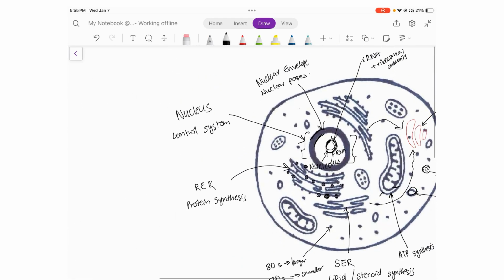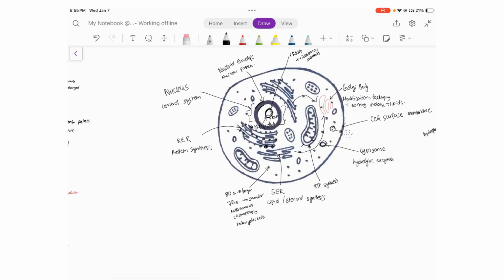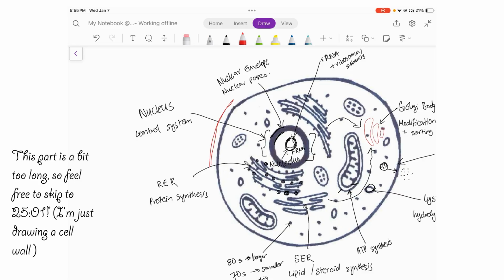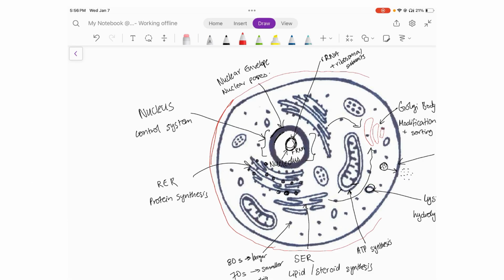Now, what if this was a plant cell? What could we see extra? If this was a plant cell, we'd have this extra layer right here, right above the cell surface membrane.